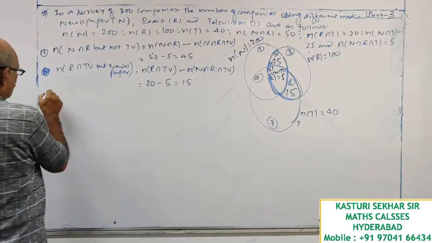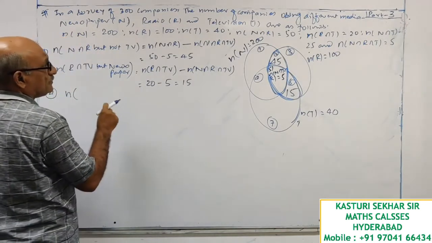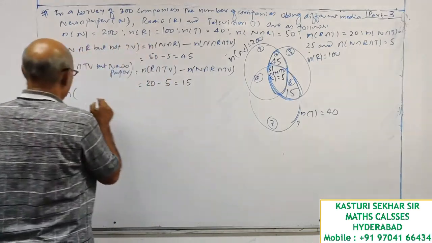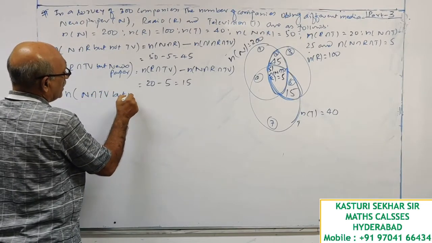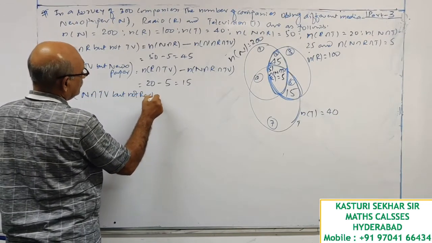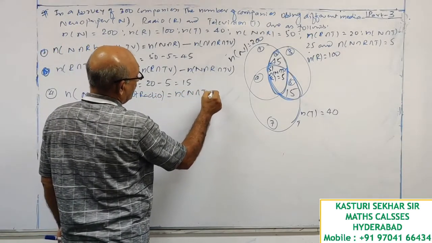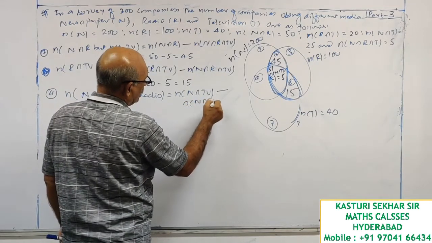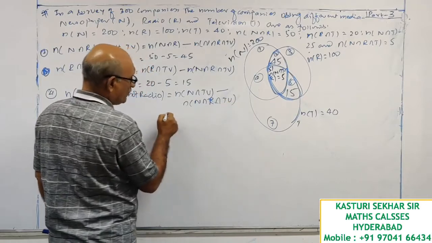Next, 4. This is newspaper and TV: newspaper intersection TV but not radio. N of newspaper intersection TV minus n of newspaper intersection radio intersection TV.